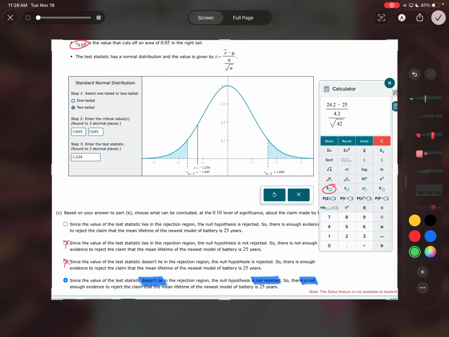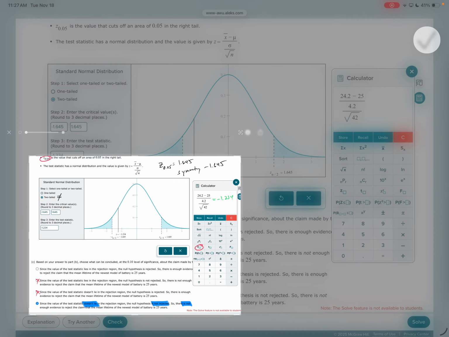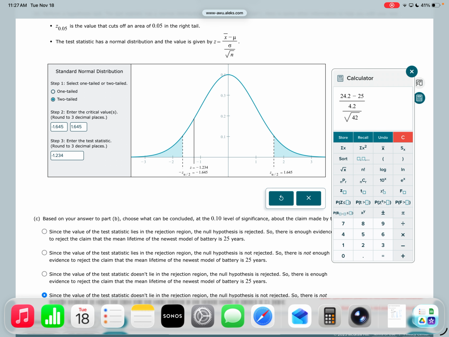Anything else? The less than would be right there. This one's always equal. Anything else I can add that you'd like on there? Oh, degrees of freedom is n minus 1, so this is 21 minus 1.